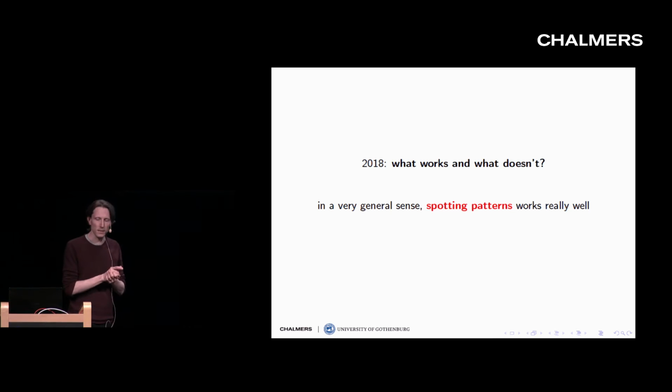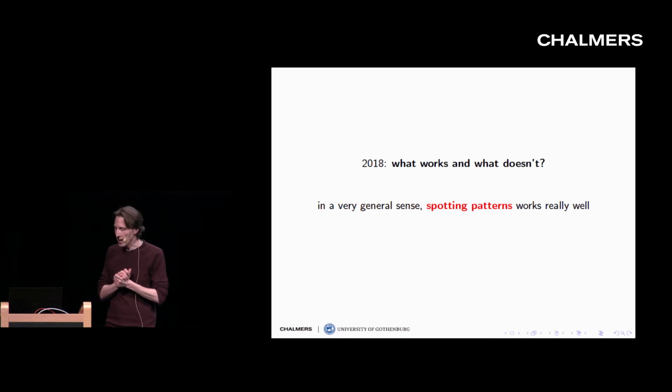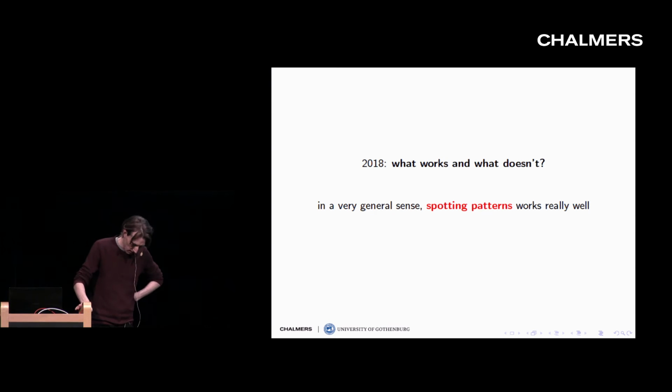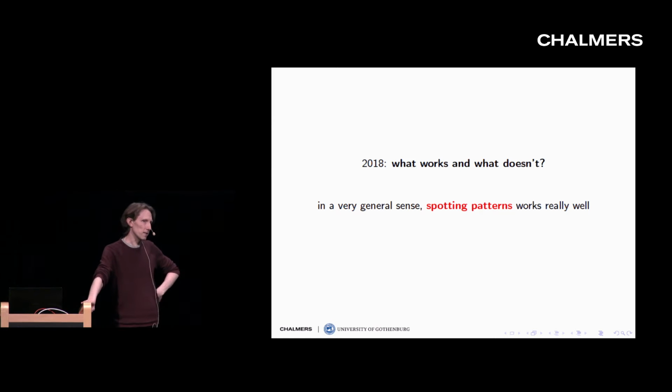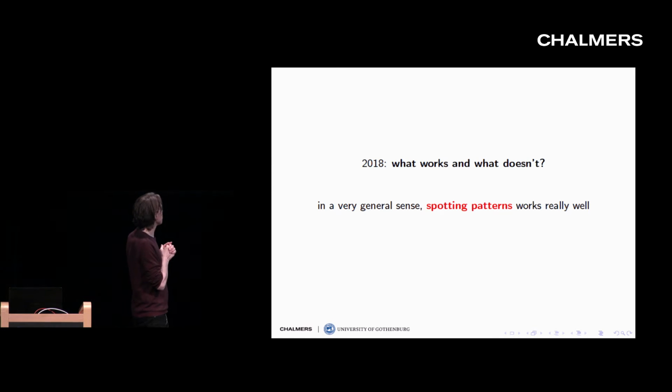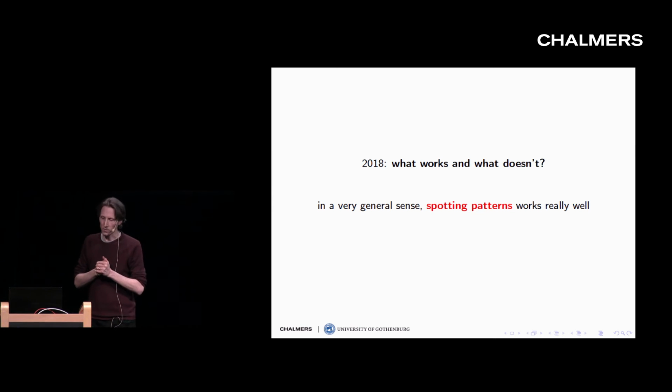Okay, this sounds very vague. So what's a pattern? In the very simplest sense, if we think of spam filtering, there are some patterns in the text that we can use to determine whether an email is spam or not. That would be just some word. Then it's extremely simple.